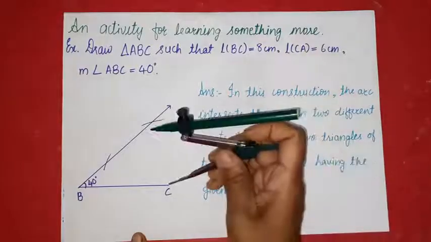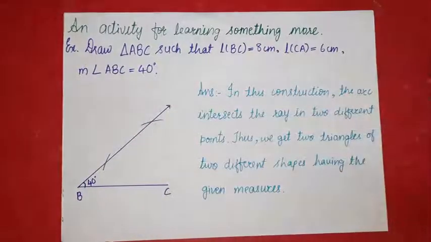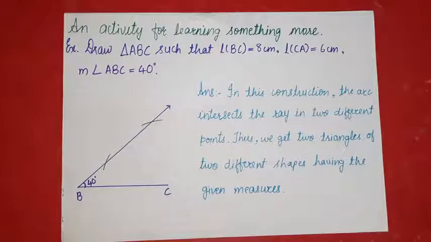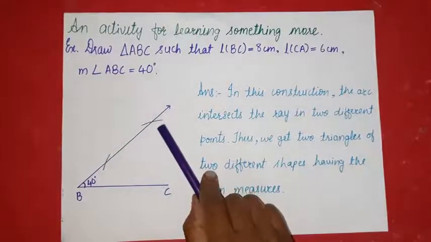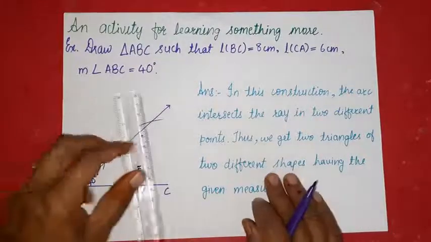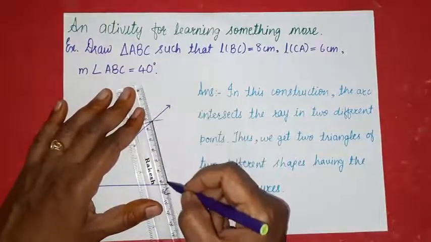Now what you find here is that this arc cuts the ray at two different points, or two distinct points. Which intersecting point should be considered as vertex A? We have to consider both, because we are getting two different triangles for the given measurements.